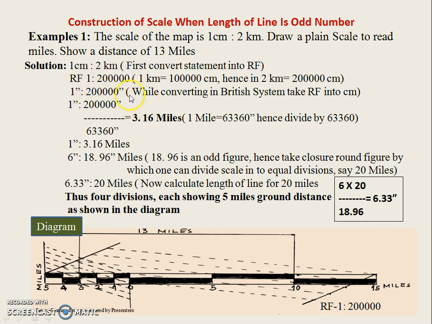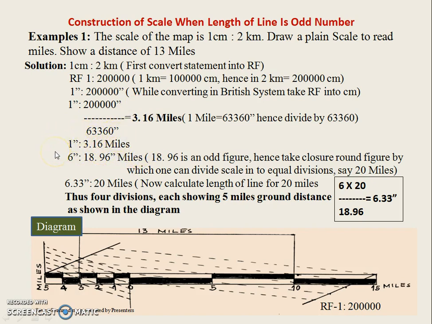Now plane scale is to be drawn showing miles. So take up RF into inches, that is 1:2 lakh inches. 1 mile is equal to 63360 inches. So divide by 63360. Answer will be 3.16 miles, that is 1 inch to 3.16 miles.